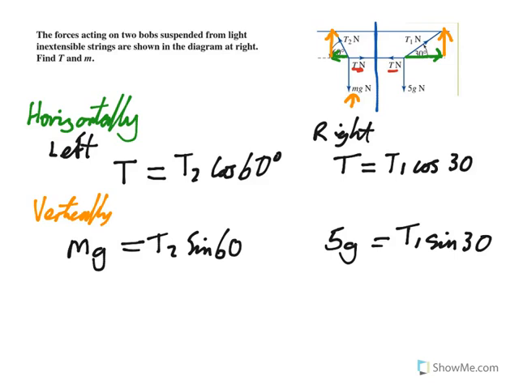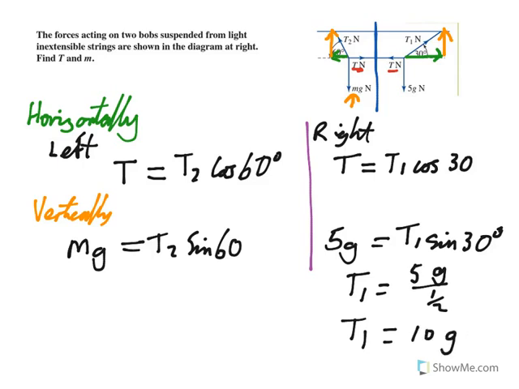So if we're looking at, say, the right hand one, looking at this side here, we can rearrange that and we'll get T1 equals 5g on sine 30 degrees. And the sine of 30 degrees, of course, is 1/2. So T1 is 10g.